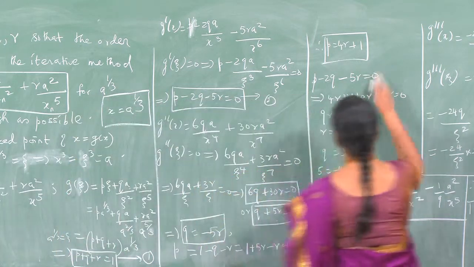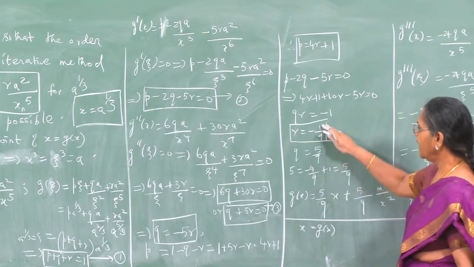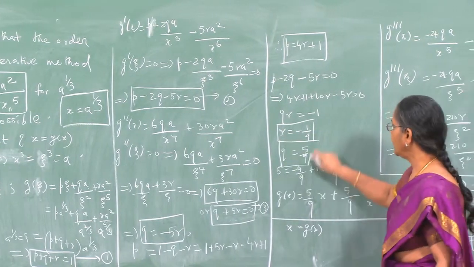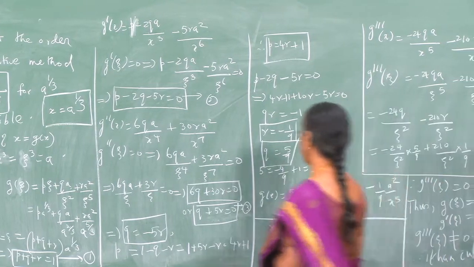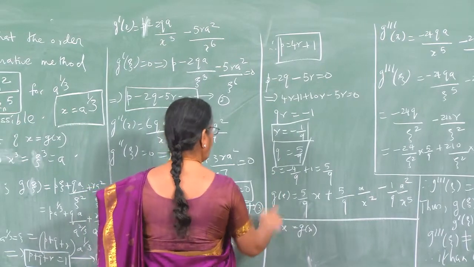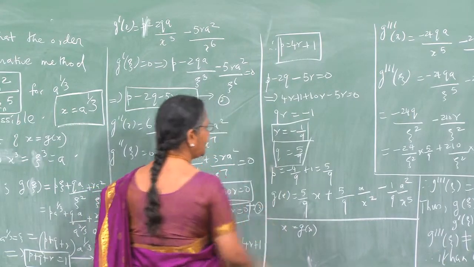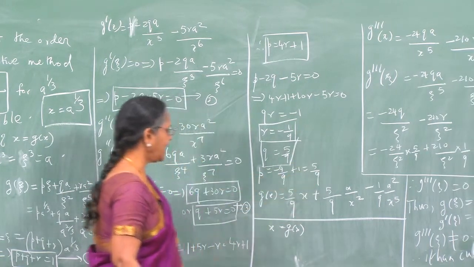So, that gives you r to be minus 1 by 9, and hence evaluate q, that is 5 by 9, and finally you have p given by 4r plus 1. So, p is equal to 4r plus 1, that is 5 by 9.